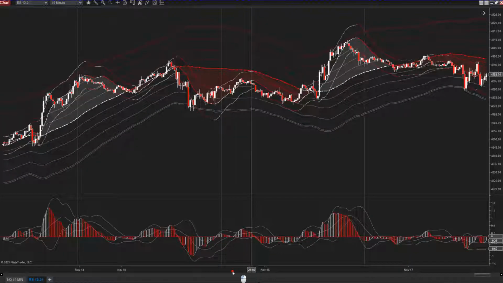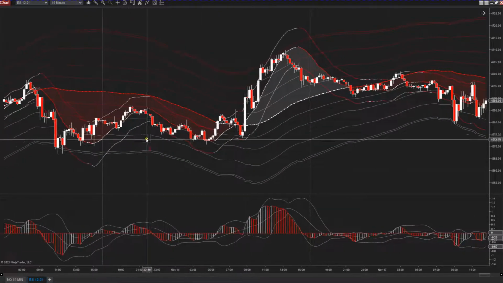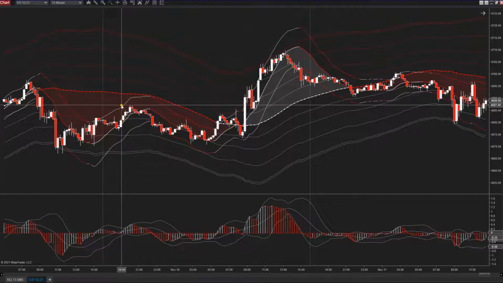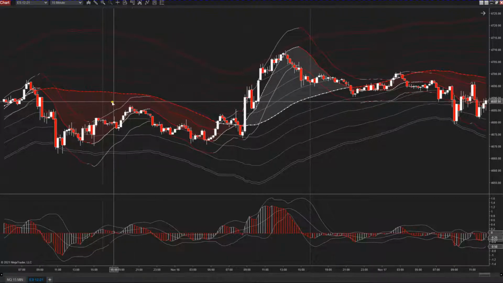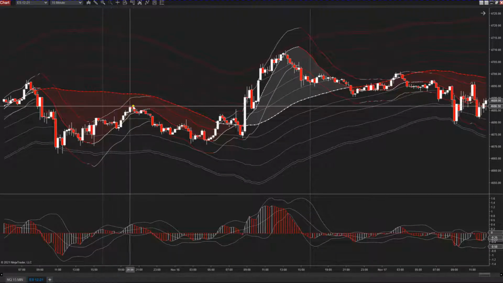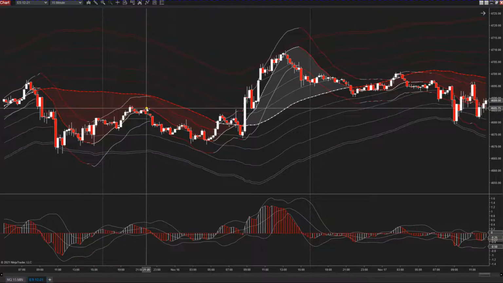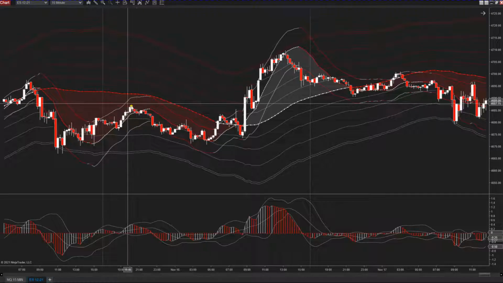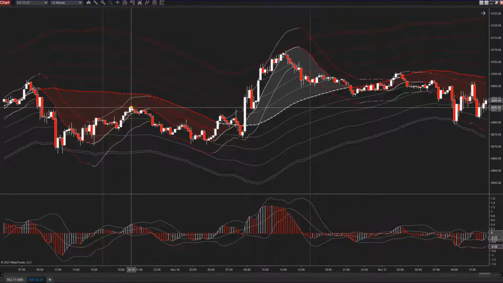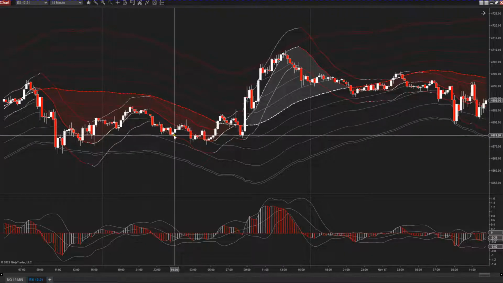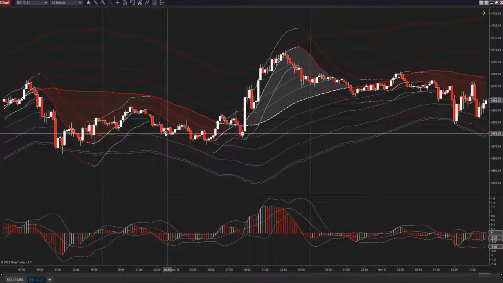And right here, it did not make it to the 1 because it got to the offset channel and turned right there. I don't know if you can see underneath that, but there is the offset, and it flipped right there. So there was your trend continuation.